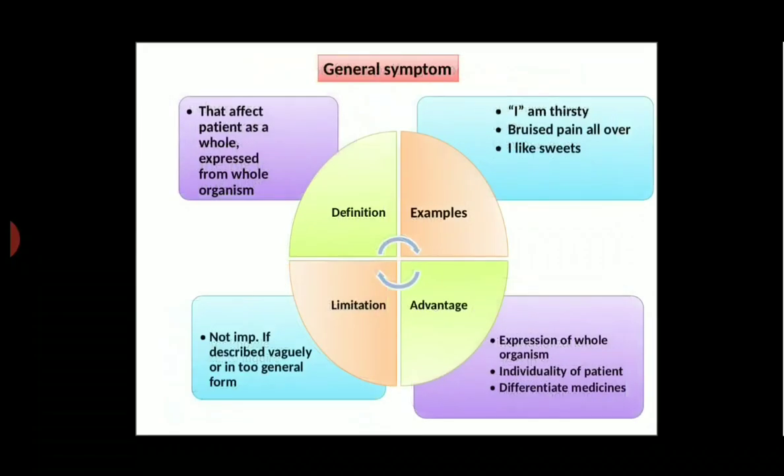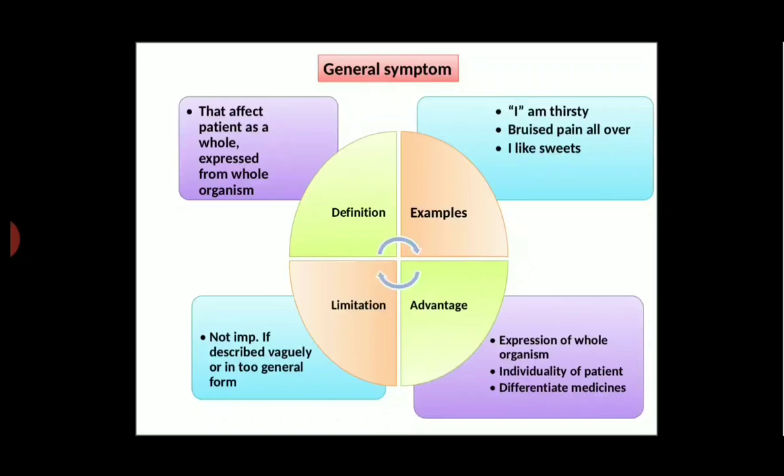Next, general symptom. General symptoms are those that affect the patient as a whole or are expressed from the whole organism. Generally, the patient is going to say that I am thirsty, I feel appetite, I am hungry, etc. Then some general expressions like a sensation expressed from more than two parts or two systems, like bruised pain, burning sensation, etc. Their advantage is they are expressed as a whole, so they are more important as a constitutional or characteristic feature.